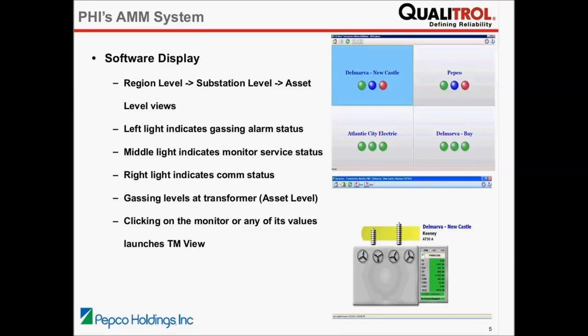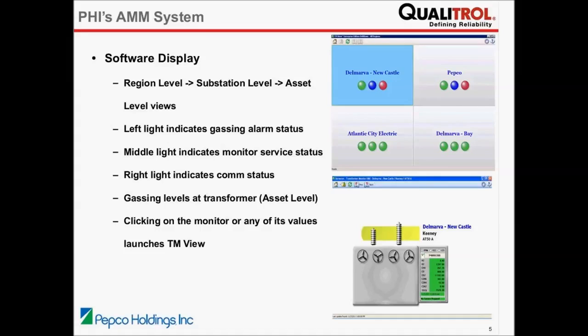What is the status of the communication between that monitor and the central database? And at the transformer view, it has a quick indication of the gas levels. Once you click on the transformer level view, you can easily see each gas and the level of that gas. And once you click on this transformer, it takes you to the TM view screen which comes with DGA.